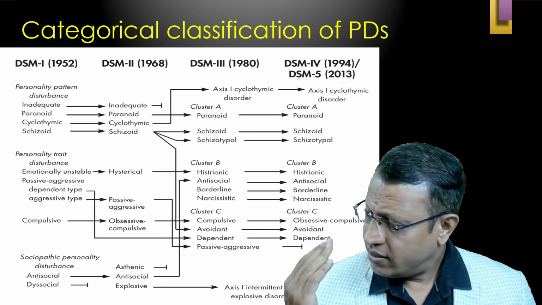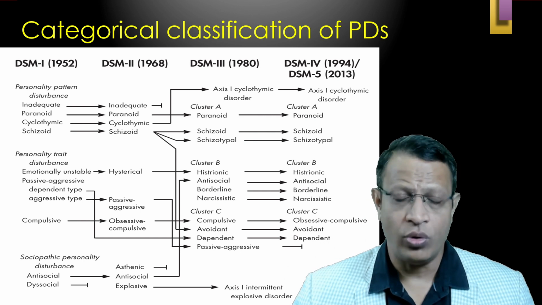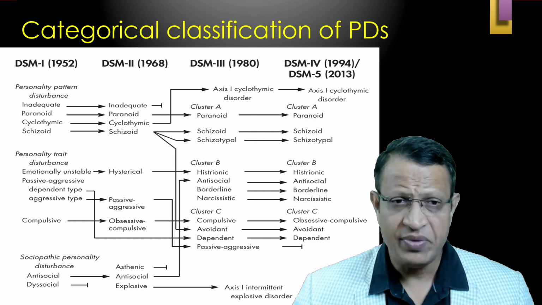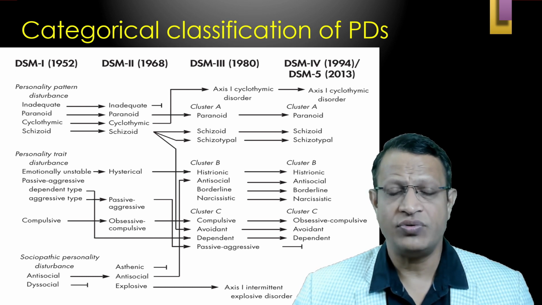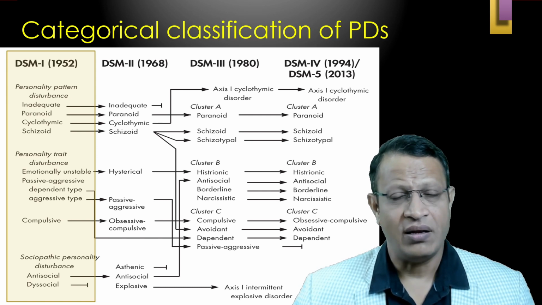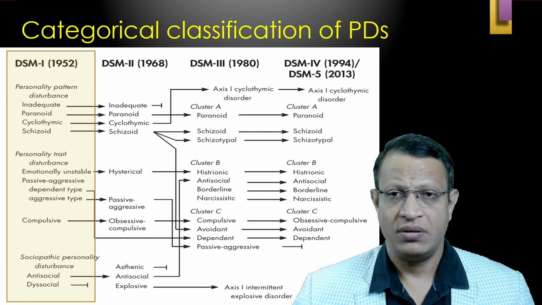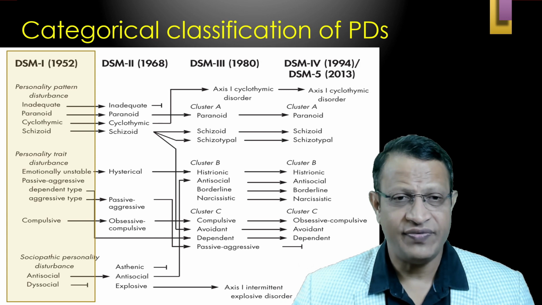If you look at the personality disorders, how they have evolved over a period of time from DSM-1 in 1952 to DSM-5 in 2013, you can see how they have been classified when first introduced as a personality disorder.